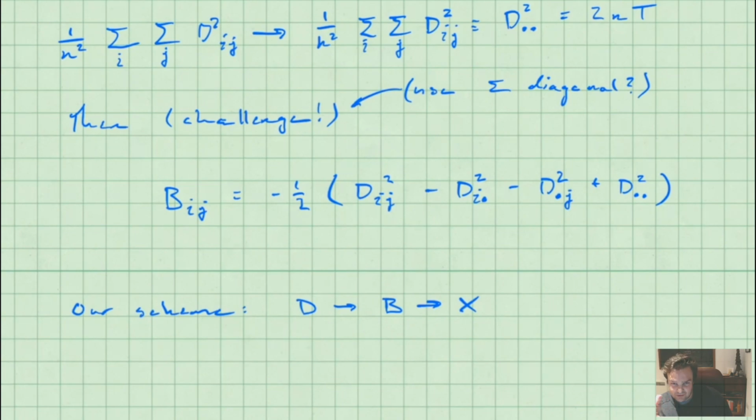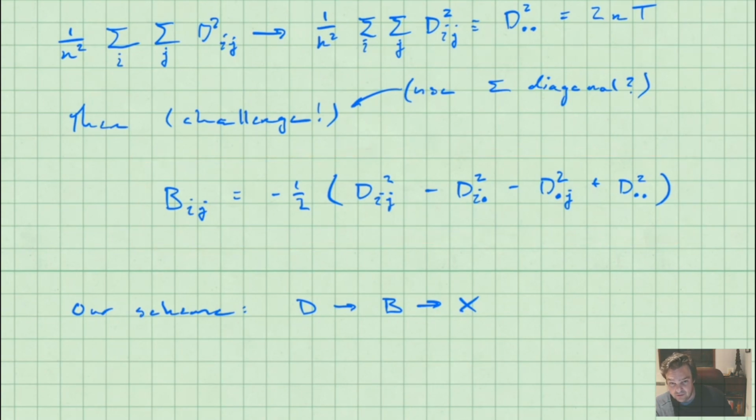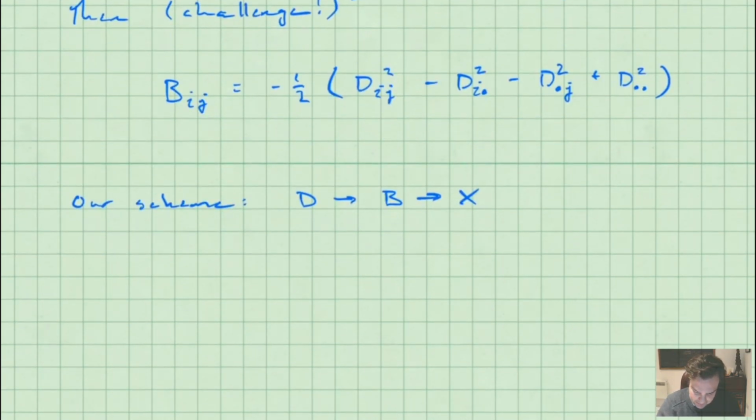And I've got now some explicit rules for how you compute the B's. The formula is written right there. Even if you don't show in the proof how to do it, you at least could do this, right? You could compute those B's. If you trust me that that's right, you could certainly do that. And then how do we get from the B's to the X, right? So how do we get from B to X?